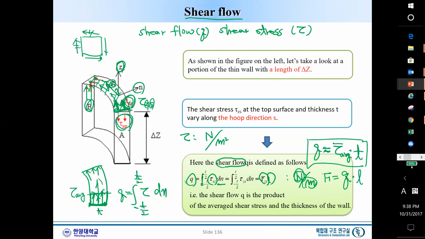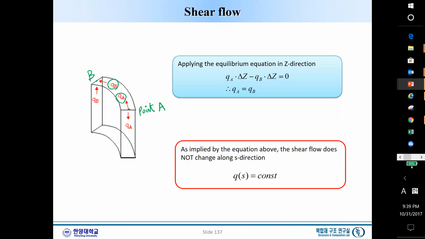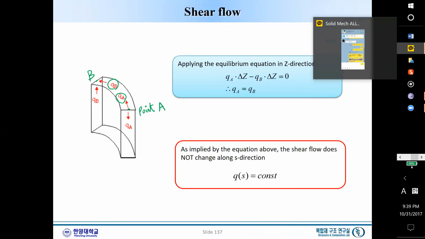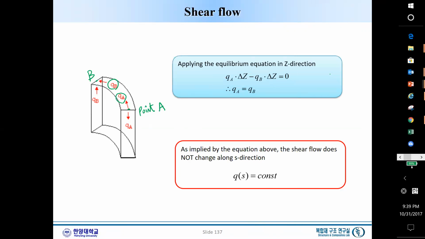They have to be the same because we need to meet shear moment equilibrium. Now same here. I need to close this. So this is the Q at point A.